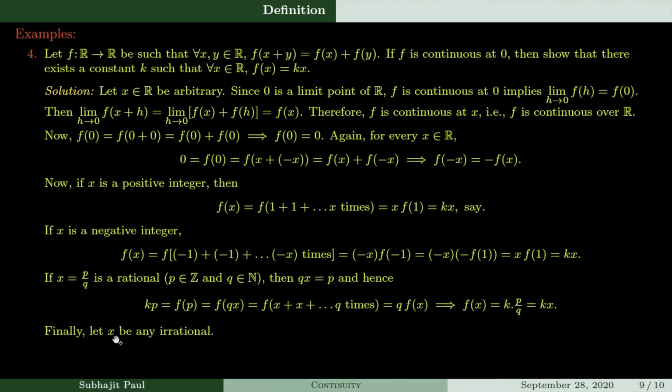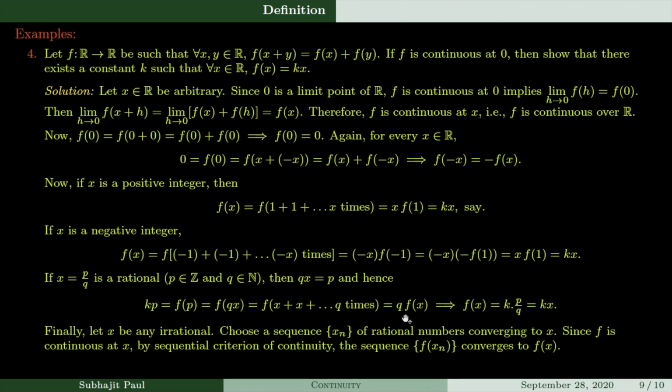Finally, let x be any irrational point. Choose a sequence xn of rational numbers converging to x. Since f is continuous at x, by the sequential criterion, the functional sequence f of xn must converge to f of x. So whatever the limit of f of xn is, that should be the value of f of x, since we have shown that f is continuous everywhere.